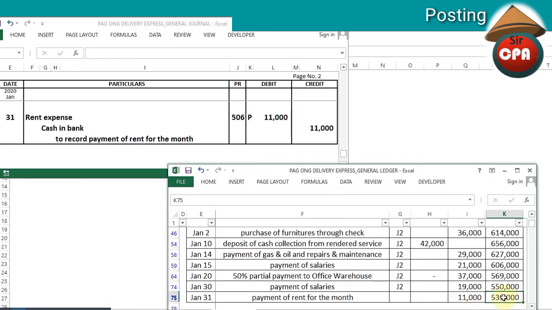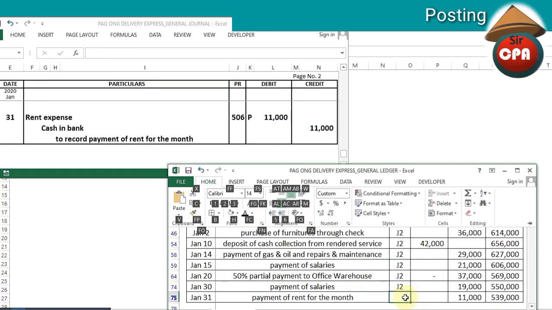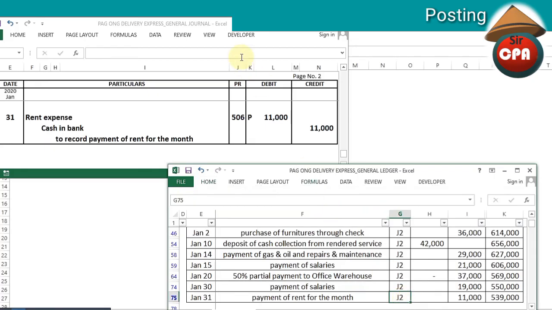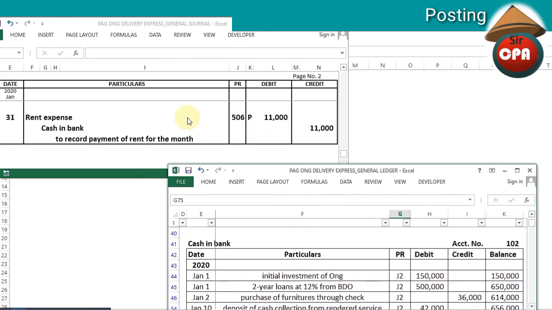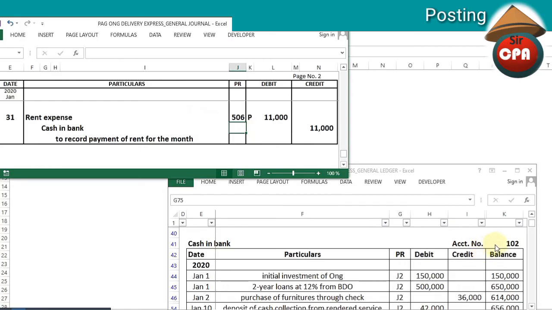And the new balance as of January 31 will be 539,000. 550,000 less 11,000. Again, our post reference is J2, since the journal entry we based on is on page 2 of the journal. Now, back to the journal entry, we put the account number, which is 102, to signify again that it is posted. So there, we have finished the posting process.